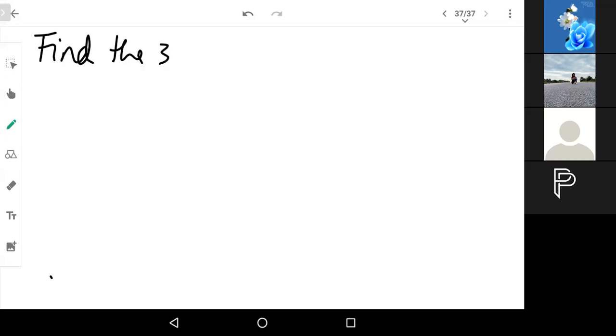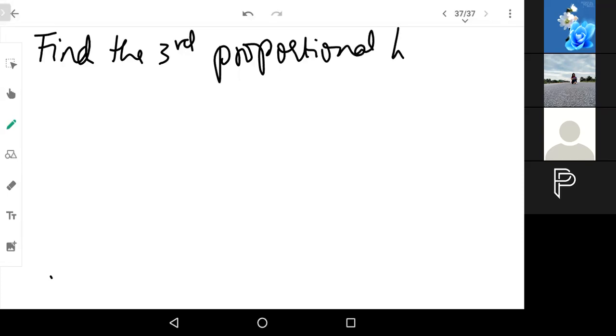Now the next question. Find the third proportional to 6 and 24. Now we have only three numbers, and first number is 6, second number is 24, and we have to find the third number.